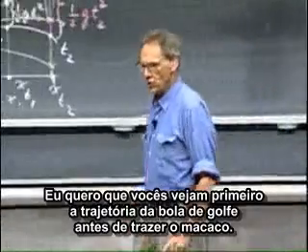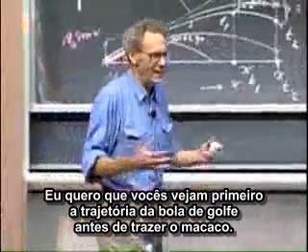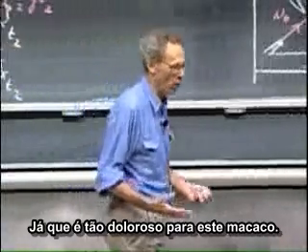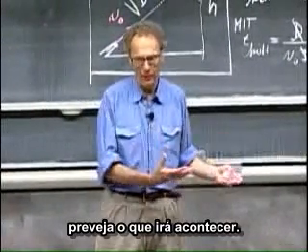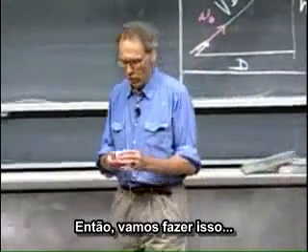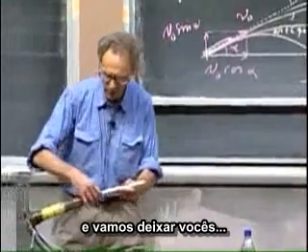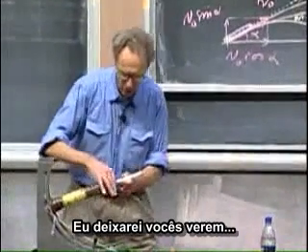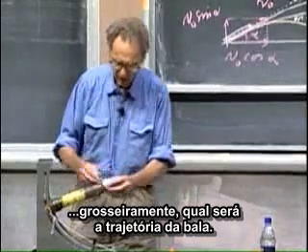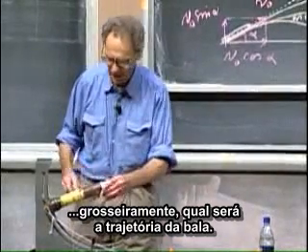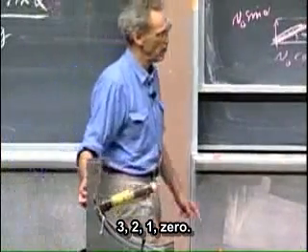I want you to first see the trajectory of that golf ball before we bring the monkey in. I mean, it is already so painful for this monkey. You don't want him to pre-experience what's going to happen. So we will do this in the absence of the monkey, and I will let you see what roughly the trajectory of that bullet will be. 3, 2, 1, 0.